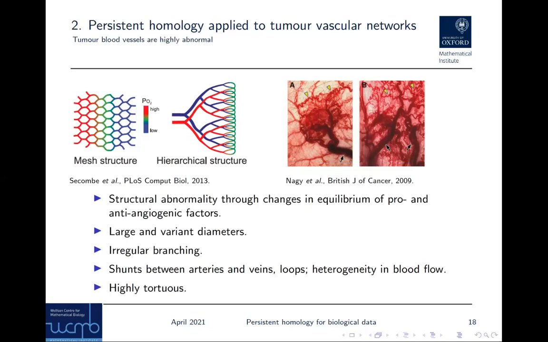There are even shunts between arteries and veins, and loops in these networks. In terms of function, the blood flow is heterogeneous, so you can have blood flow in different directions in the same vessel at different time points. And in particular, what you can see here is that the vessels are highly tortuous, which again is not very efficient.